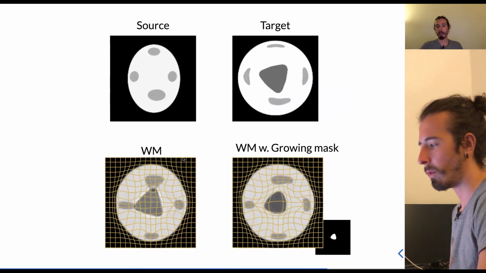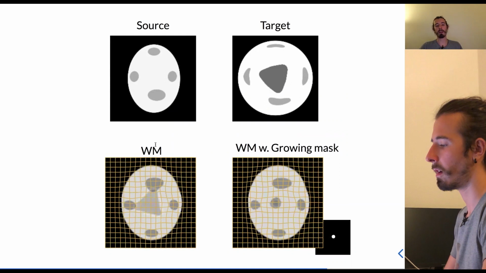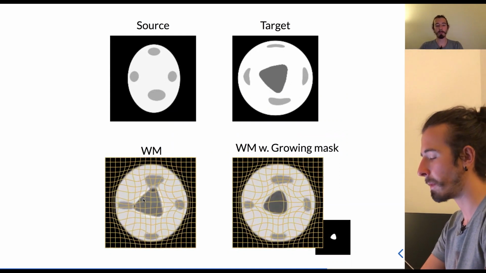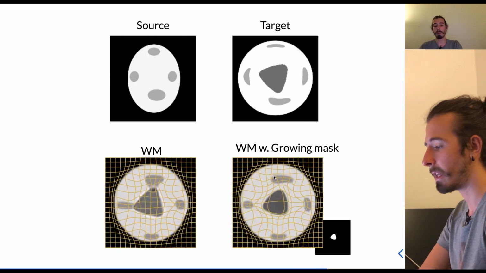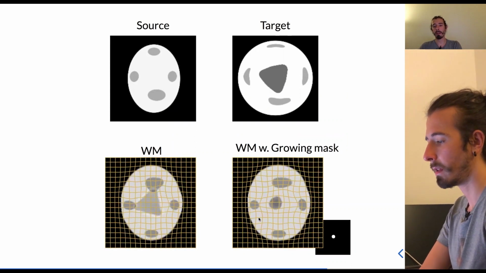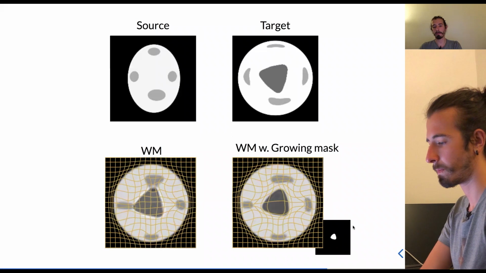Now we see the results of WM with a constant mask and with a growing mask, and we see that we managed to register the two images quite well.